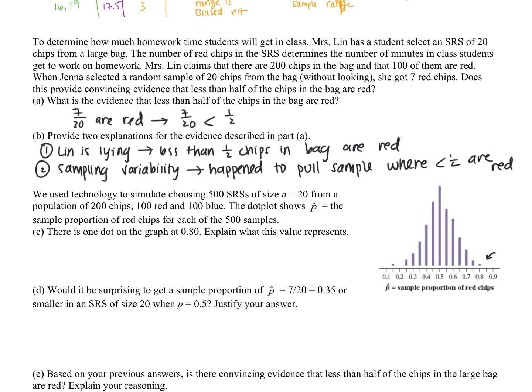So that dot at 0.8 represents one sample of size 20 where 0.8 of the chips are red. Well, that 0.8 would be 16 out of the 20.